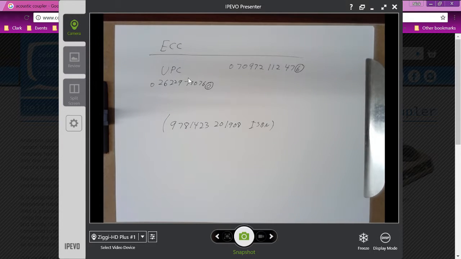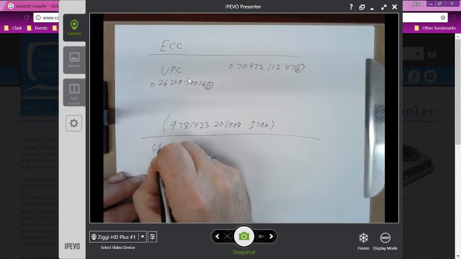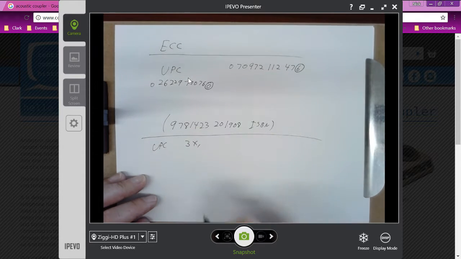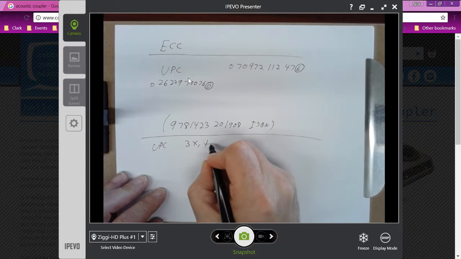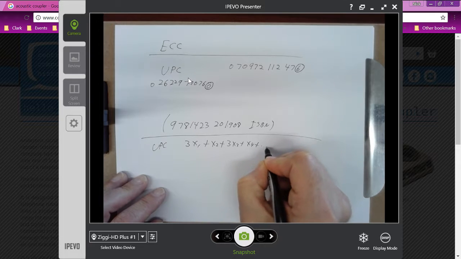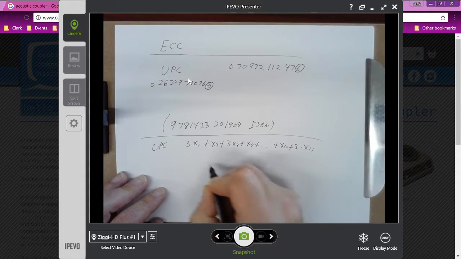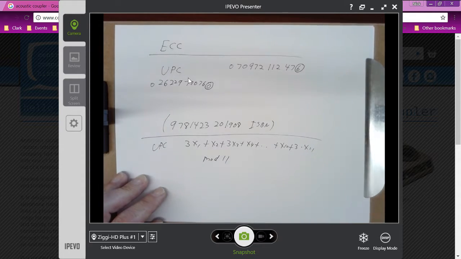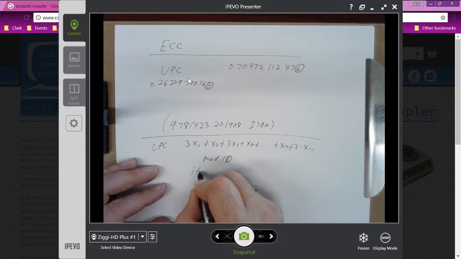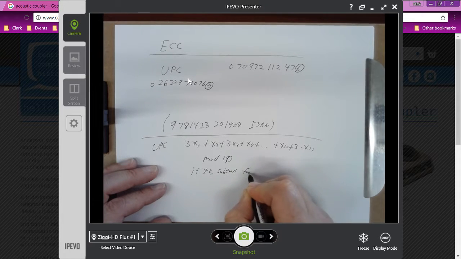So here's the algorithm for UPCs. It's an 11-digit code. So we take 3 times the first digit, plus the second digit, plus 3 times the third, plus the fourth, and so on, up to the 10th, plus 3 times the 11th, and we reduce that modulo 10, and if it's not equal to 0, subtract from 10.